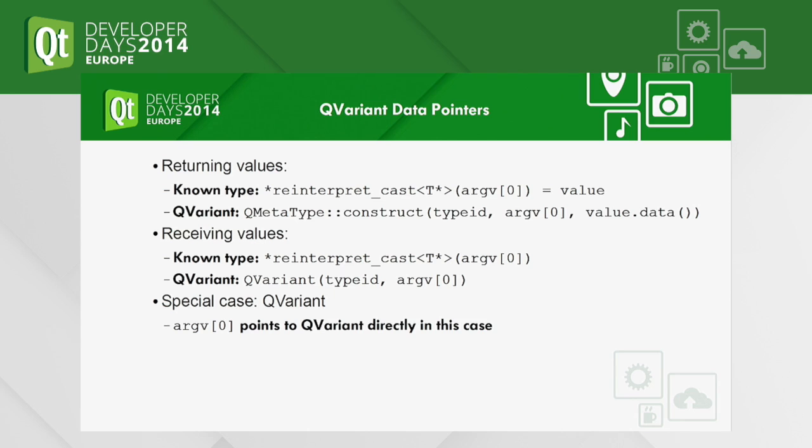And of course, that would be too easy, so there's a special case. If the type of your property is actually a QVariant, you get a pointer to the variant directly, so you need to special case that so you don't copy the content of a variant that is again a variant into a variant.